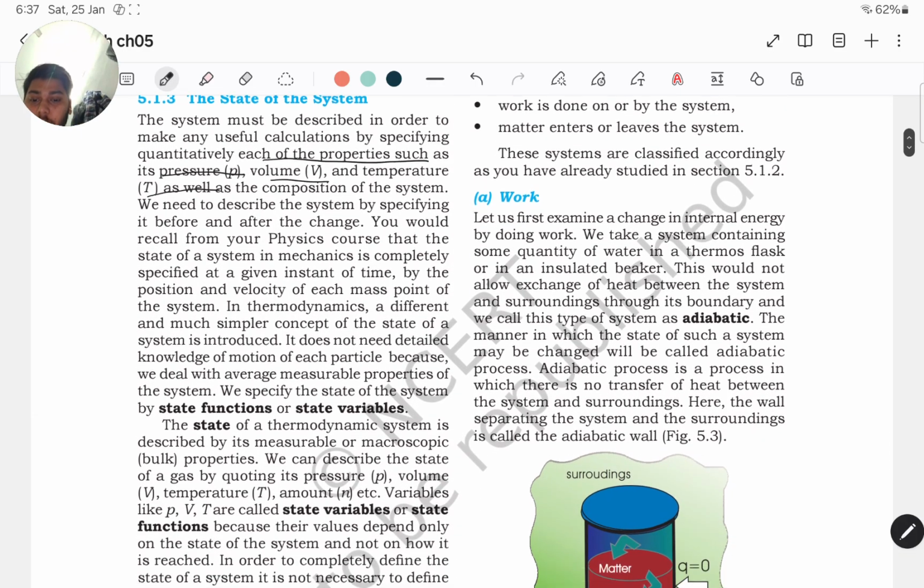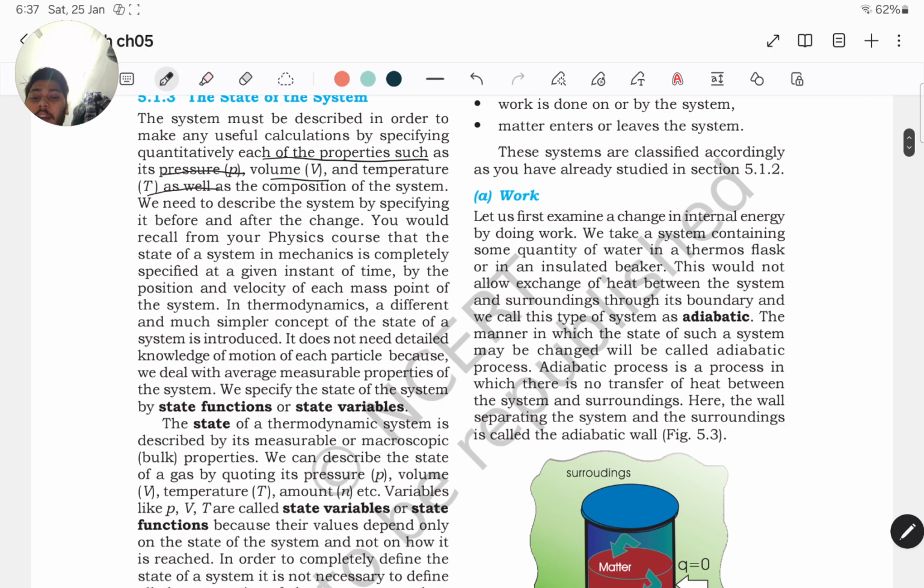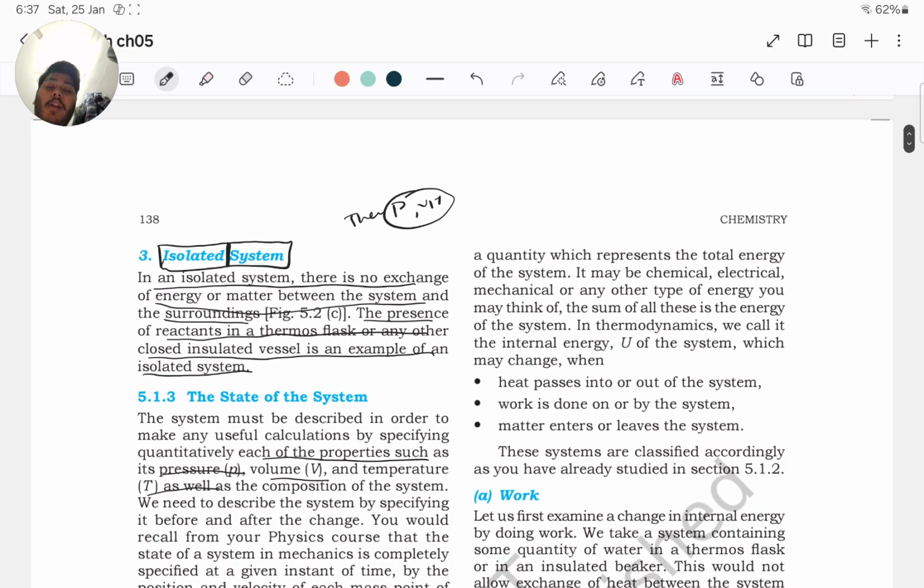And the terms that we use in thermodynamics may be pressure, volume, temperature, free energy, enthalpy, internal energy, and many more.